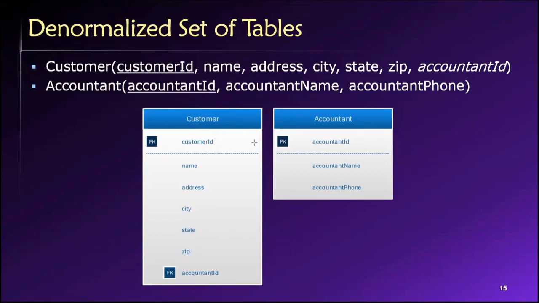I start looking through the customer table, and I eventually find customer number 7. As soon as I have that row of data, I immediately have the customer's name, street address, city, state, and postal code or zip code. So I just have to look in that one place. There's no join, there's no second scan or lookup in the zip code table.